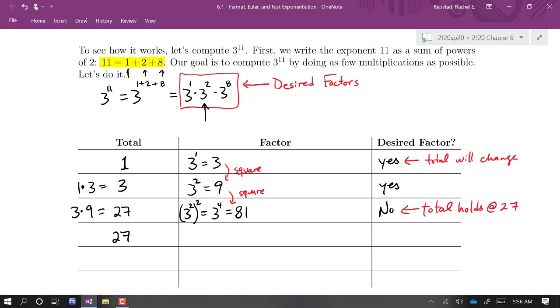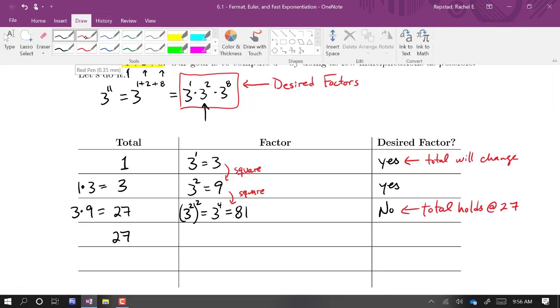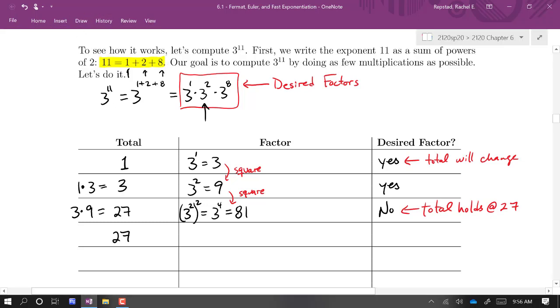Next, I'm going to get my new factor by squaring the one that came before. So my previous factor was 3 to the 4th. I'm going to square that. And when we square something, we're going to double the exponent.